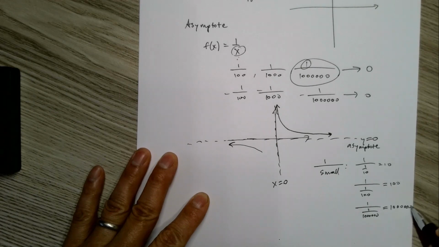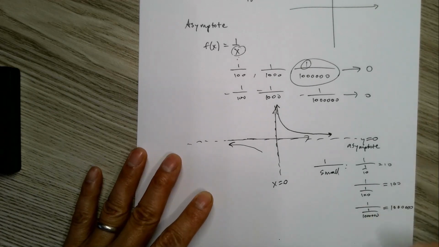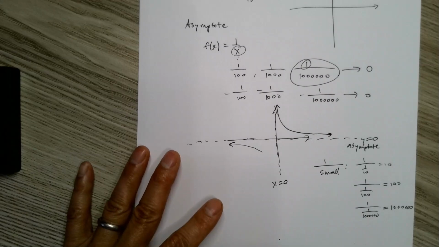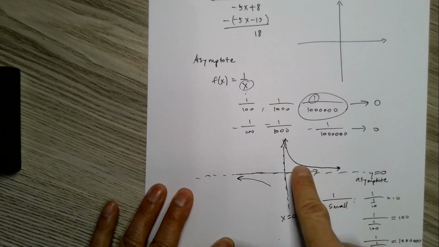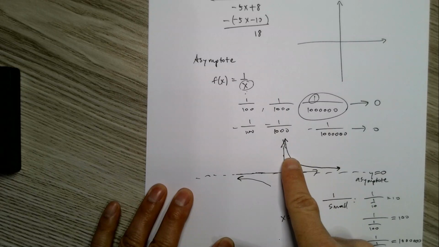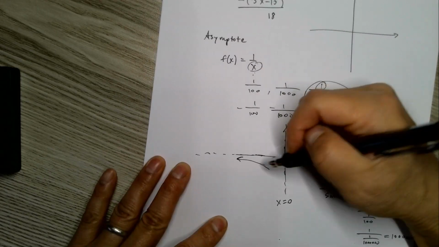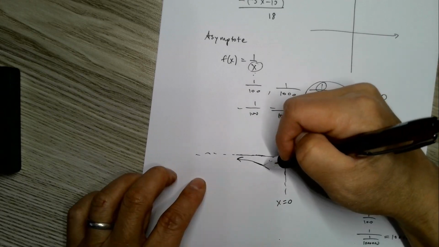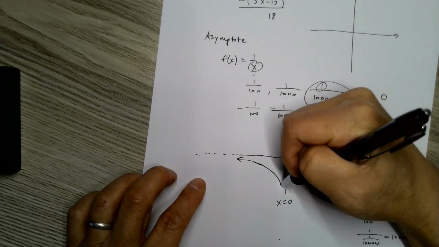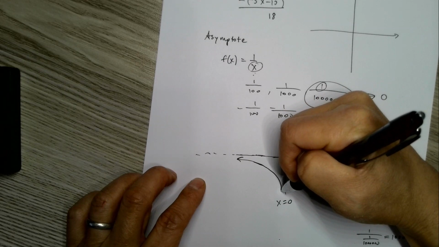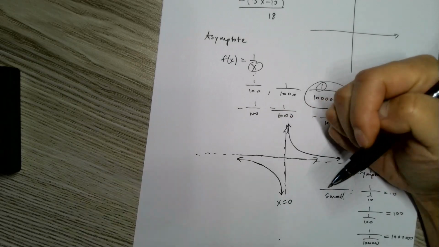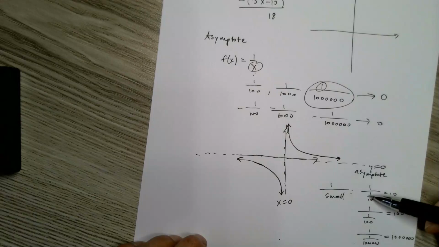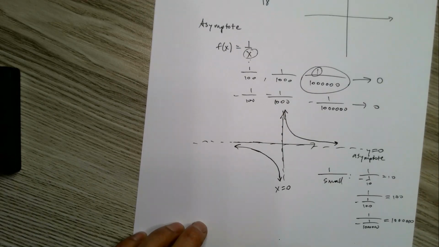So the function is getting large very quickly as x gets small. So here's x getting small, small, small, and y is climbing. Same thing will happen if you put in negative small values for x: y becomes a very large negative number. Just put negatives in front of here. You're going to get large negative numbers.